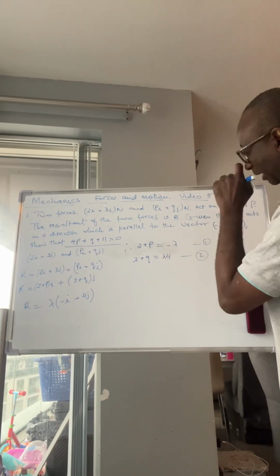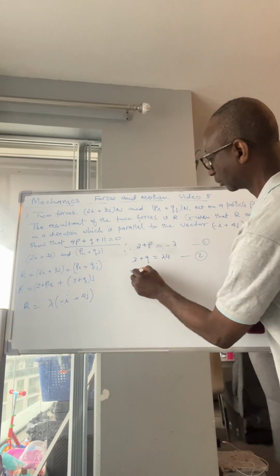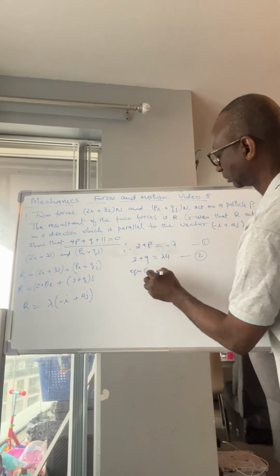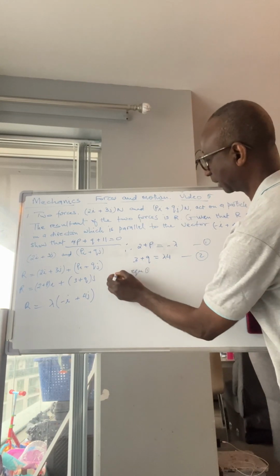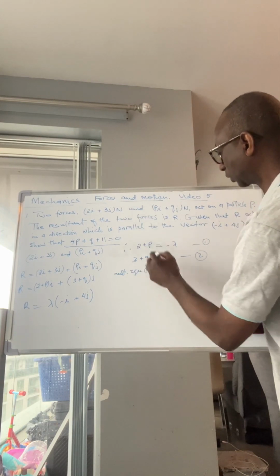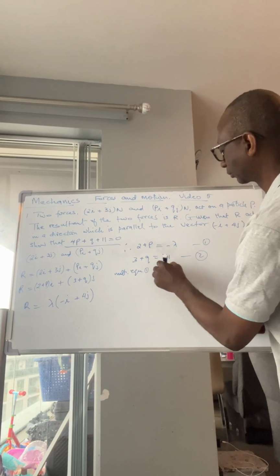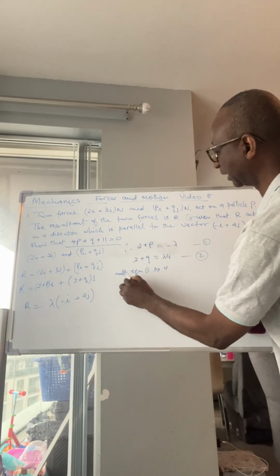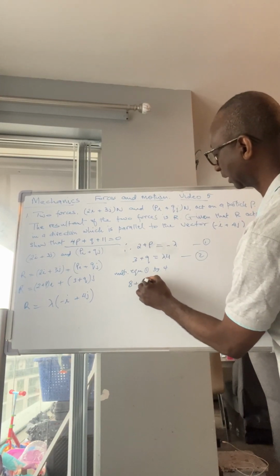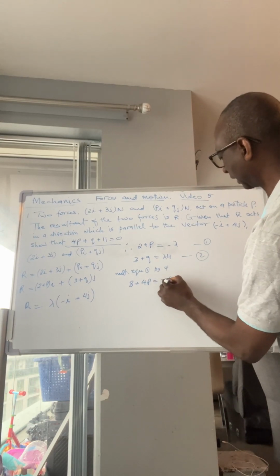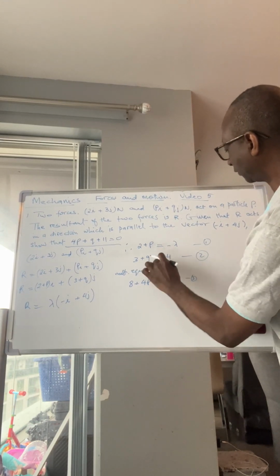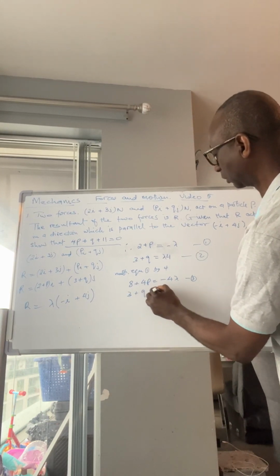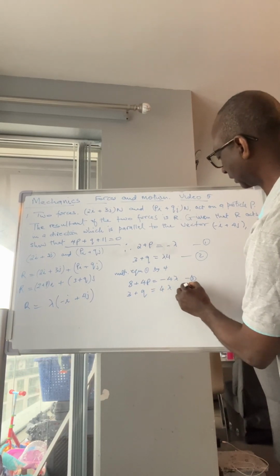So multiplying equation 1 throughout by 4, it becomes 8 plus 4p equals minus 4 lambda. We call this equation 3, and leave equation 2 as it is: 3 plus q equals 4 lambda.